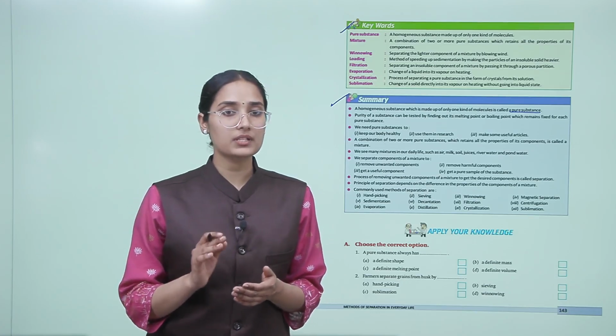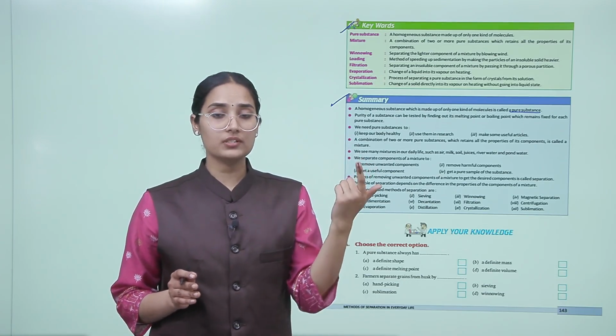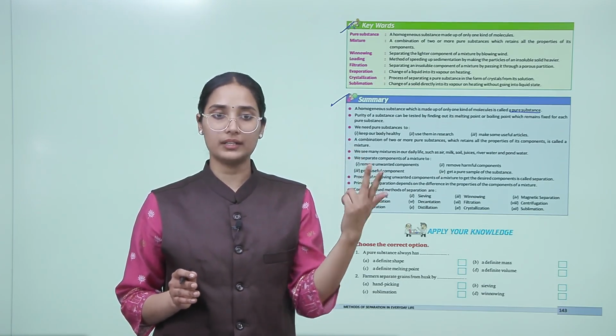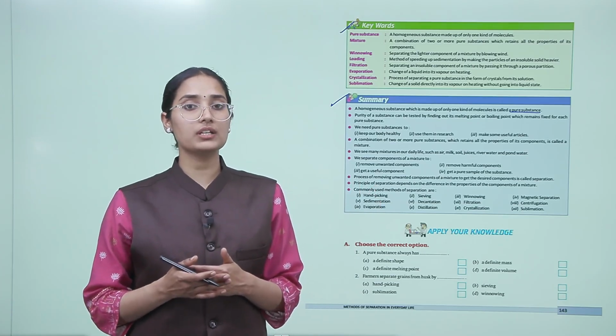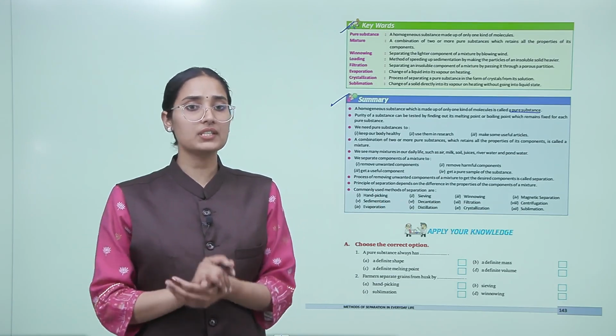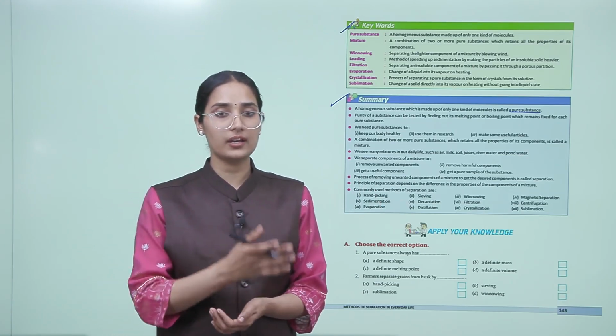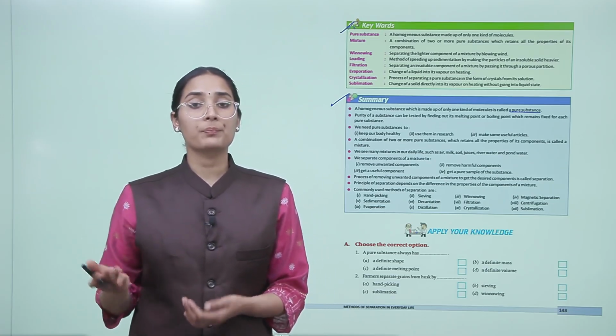We need pure substances to keep our body healthy, use them in research, and make useful articles. A combination of two or more pure substances which retains all the properties of its components is called a mixture. We see many mixtures in our daily life such as air, milk, soil, juices, river water and pond water.